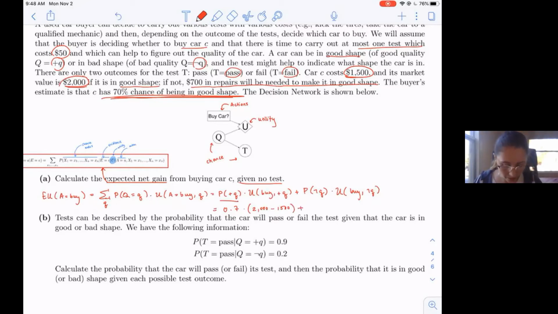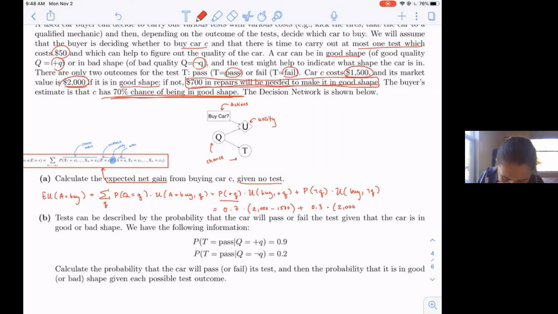What about the probability of the car not being in good shape? It's just going to be 1 minus the probability of the car being in good shape. So that's just going to be 0.3. And then what about the utility of buying when the car is not in good shape? Well, in this case, we know that the car still has a market value of $2,000 if it's in good shape. But we know that to get it into good shape, if it's not in good shape, we need to spend $700 in repairs.